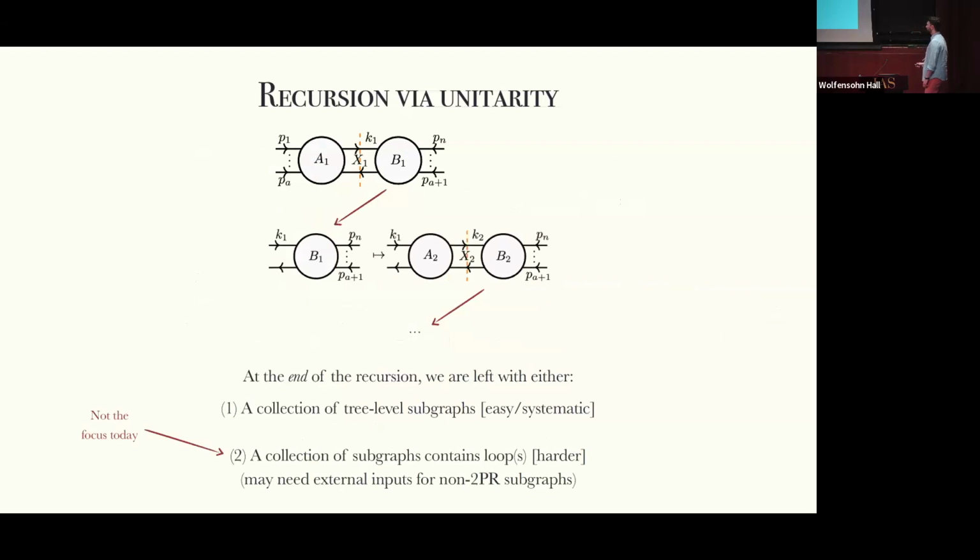So at the end of the recursion, you're left with one of two things. The first option is a collection of treatable subgraphs, which makes the recursion very efficient and, I would say, systematic. The other option is that there are some loops contained in the collection. And by loop, I mean a loop that cannot be cut by a two-particle cut.